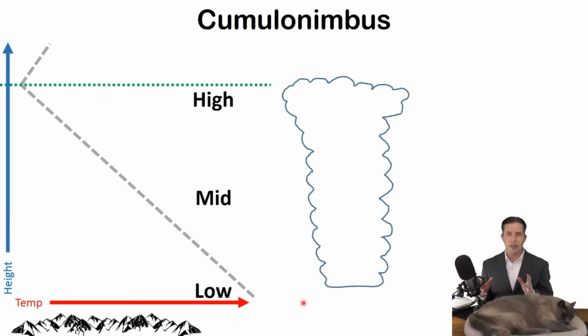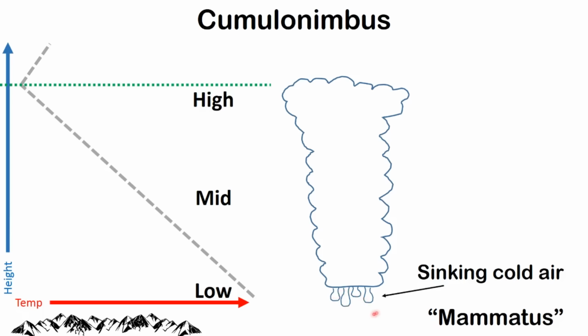Another extra one: here's a cumulonimbus, so remember, that's the thunderstorm. Sometimes right on the bottom of a cumulonimbus we get these sinking blobs of cold air that come down. They form a droopy looking cloud that's called mammatus.